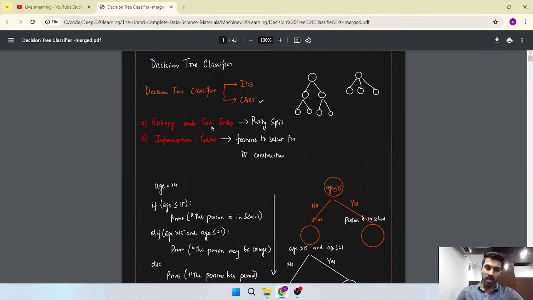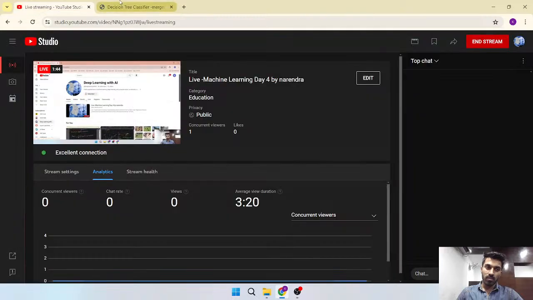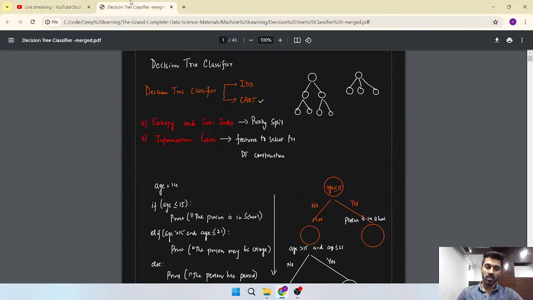For that, the question arises: suppose you have 10 features, then which feature should we start the splitting with? If you have 10 features, which feature is the best feature to split this tree? If you do not select the best feature, then your decision tree will be very long.